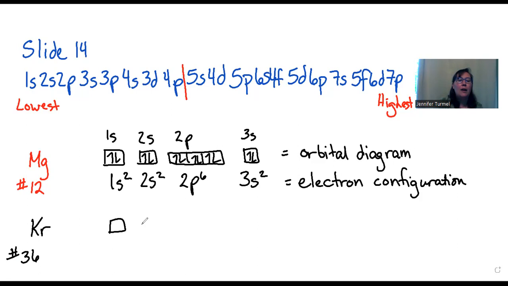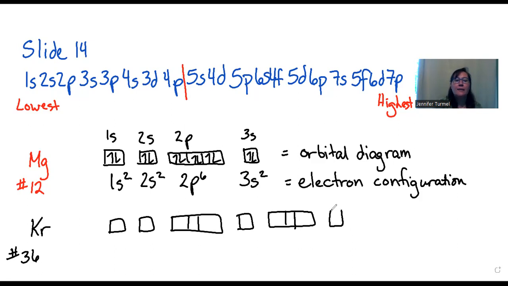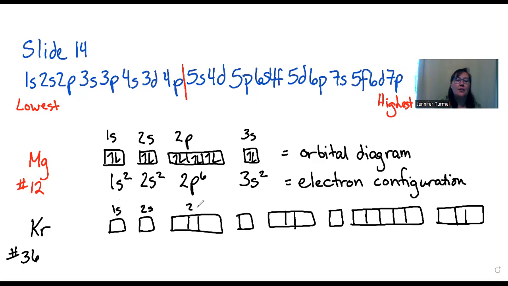So I need my 1s, 2s, 2p, 3s, 3p, 4s, 3d, and remember the d orbitals have 5 in them, okay, 3d, and then 4p. So I have 1s, 2s, 2p, 3s, 3p, 4s, 3d, and 4p, like so.